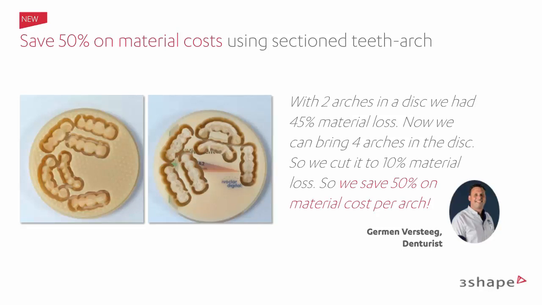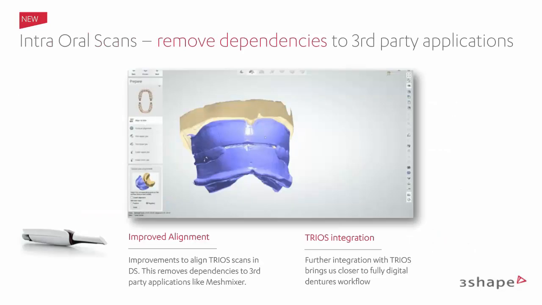Here you can see a quote from Germen Versteeg, a denturist in Holland, who says that by being able to make 4 arches instead of 2, he's saving 50% on the material cost for milling, which is a great save.